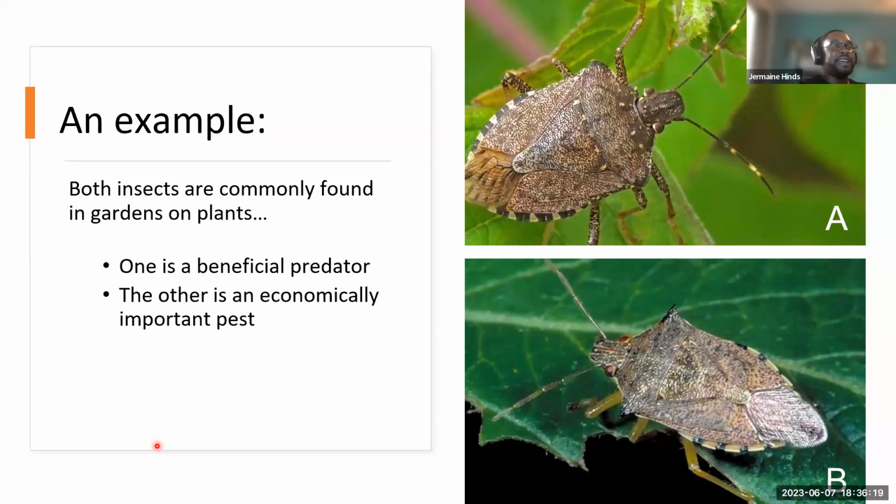Does anybody want to type in chat and guess who thinks A is the beneficial predator? They're both types of stink bugs. So go ahead and just type your vote in chat whether you think the beneficial predator is A or B.